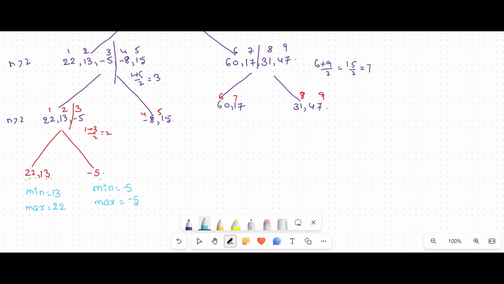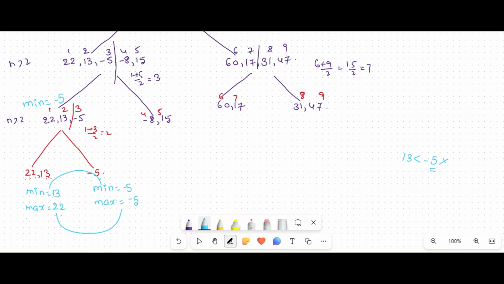Then combine these two. That means you have to compare this minimum element with this minimum element and this maximum element with this maximum element. Now what here we have to do? Minimum. So is 13 less than minus 5? No. Then which one will become minimum? So by combining this here, now the minimum element is minus 5, 22 and minus 5.